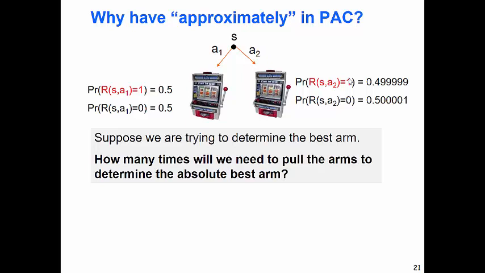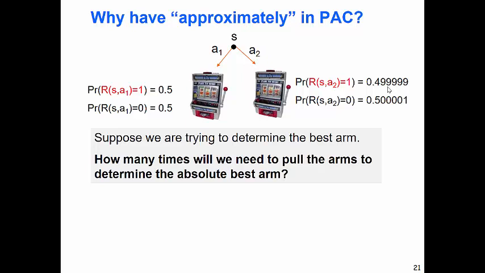If I put these two machines in front of you and said, don't go away until you can really be sure which one is best, are you going to be here a long time pulling arms, compared to our previous one? It's going to be a long time because this is a very small difference, and the statistical noise is going to dominate that difference for a very long time.